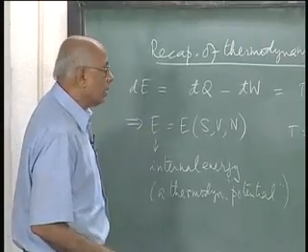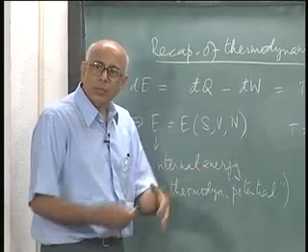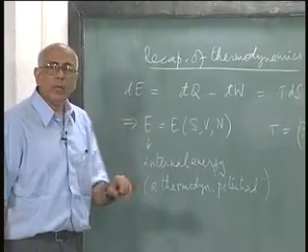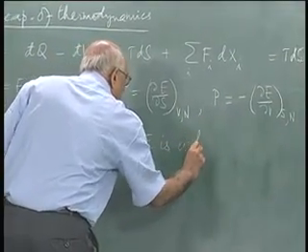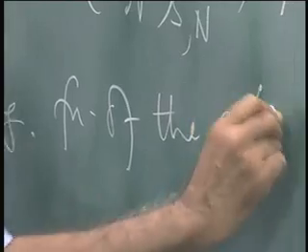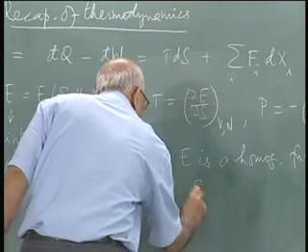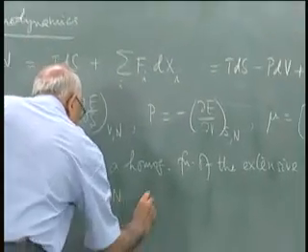So one would like to proceed to this thermodynamic limit, and in that limit the assumption in thermodynamics is that these extensive quantities, these quantities which increase with the system size, lead to this E here, and you make a further assumption that this E is a homogeneous function of the extensive variables S, V and N. So you increase those variables in some proportion, then E increases, and further of degree 1.